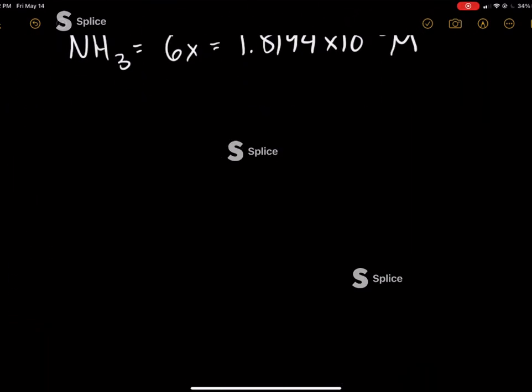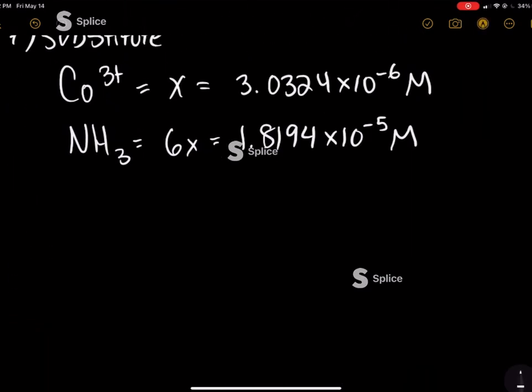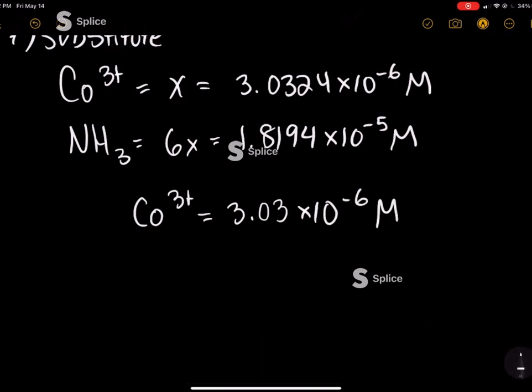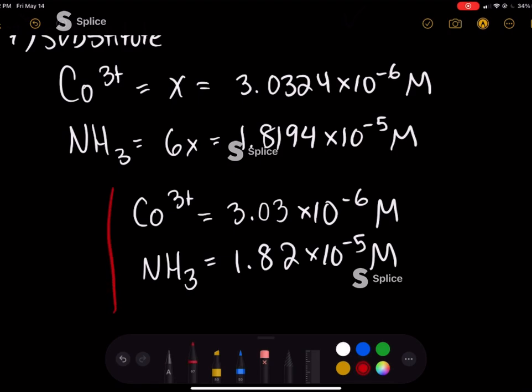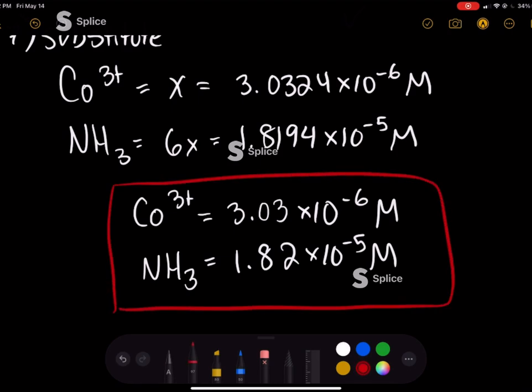So let's round it to Co3+ equals 3.03 times 10 to the negative 6 molar, and then NH3 1.82 times 10 to the negative 5th molar. And that is our final answer for this problem.